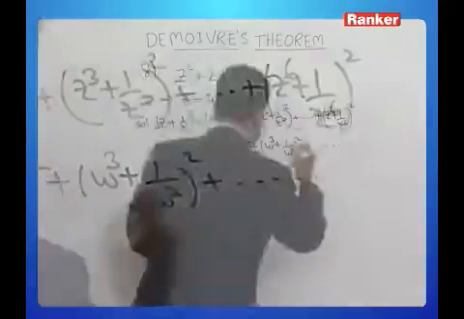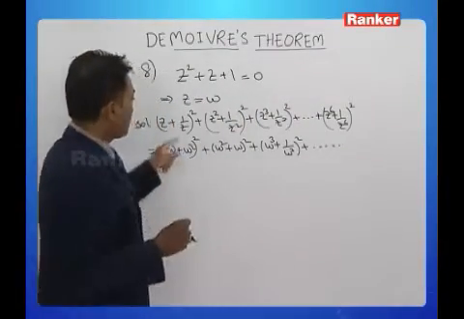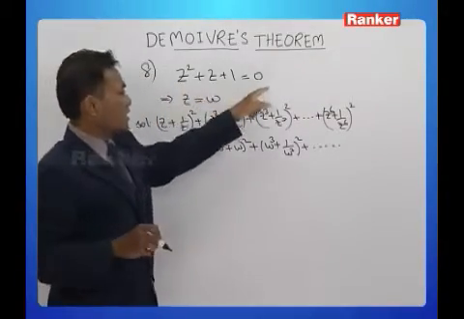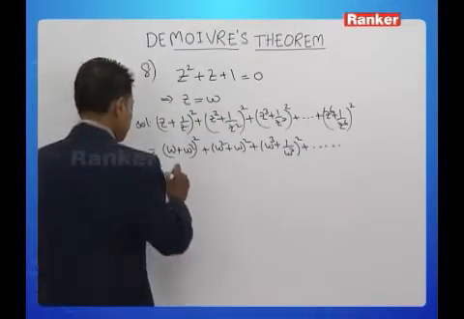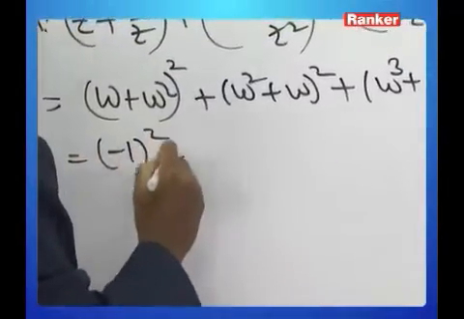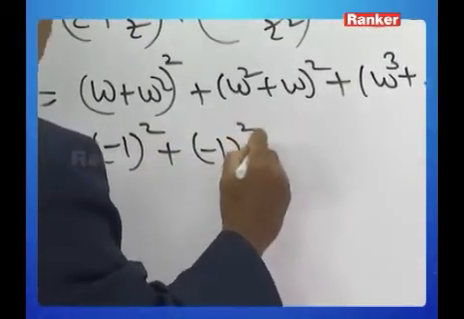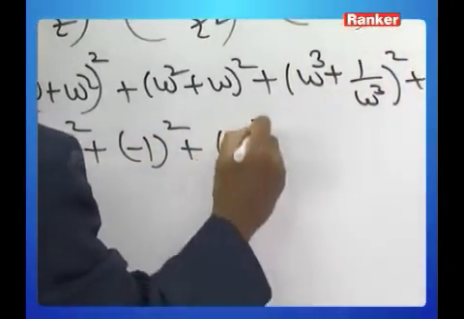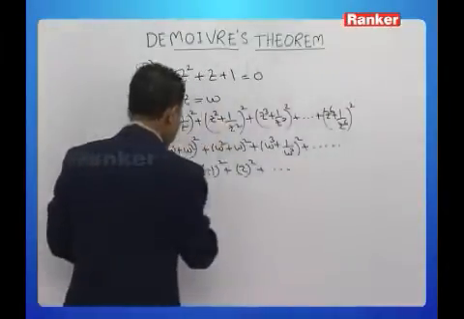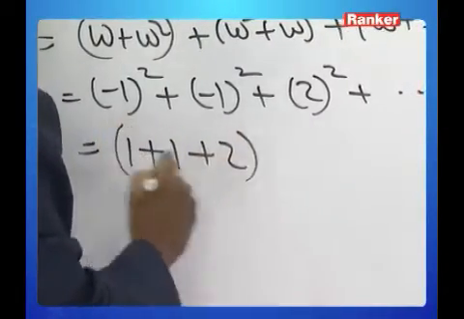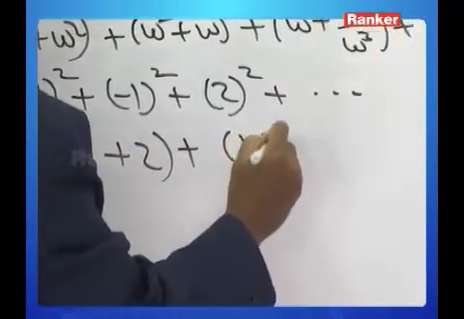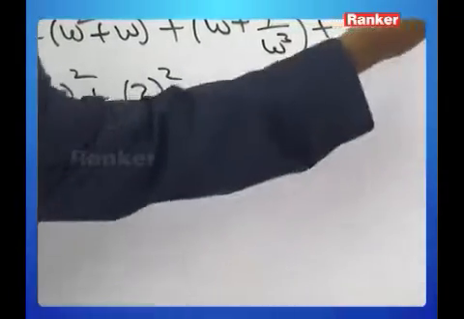Similarly, 3 more terms. This is because 1 plus omega square is 0 and omega plus omega square becomes minus 1. Minus 1 whole square, minus 1 whole square, 1 plus 1, 2 square, and 3 more terms. So this is 1 plus 1 plus 2. Again another set of 1 plus 2, because up to 6 is there, no.